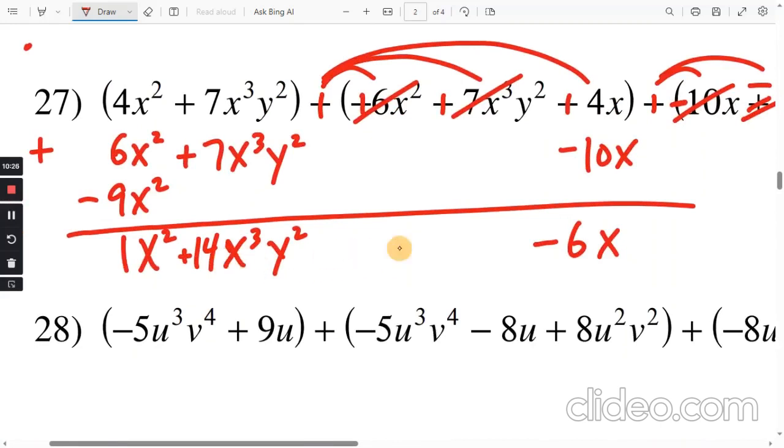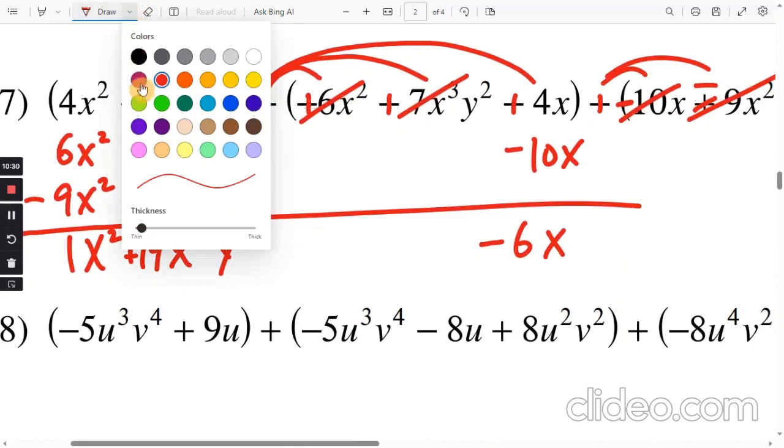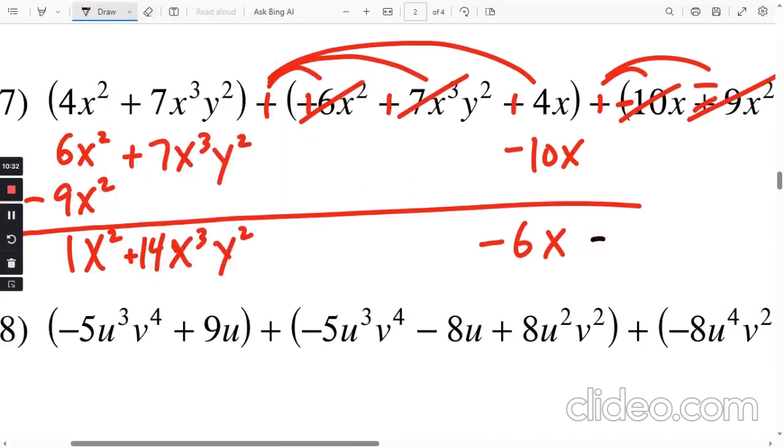All right, so this mess here is the answer, but we really want to write it properly. So I'm going to put the largest exponents first. Here I have x to the third y squared. So 14x to the third y squared is going to be first. And here's x squared.